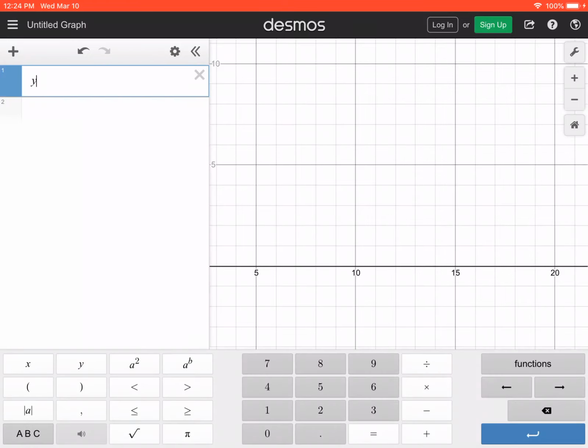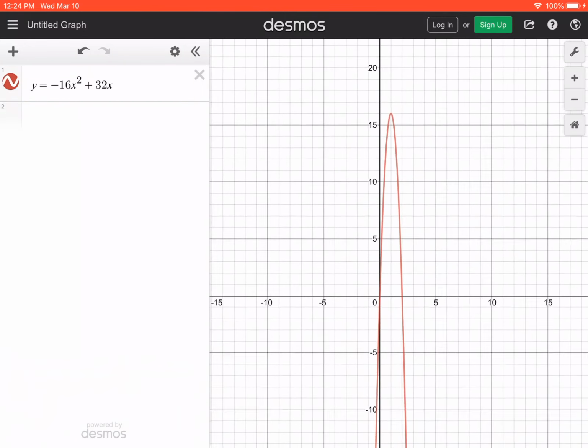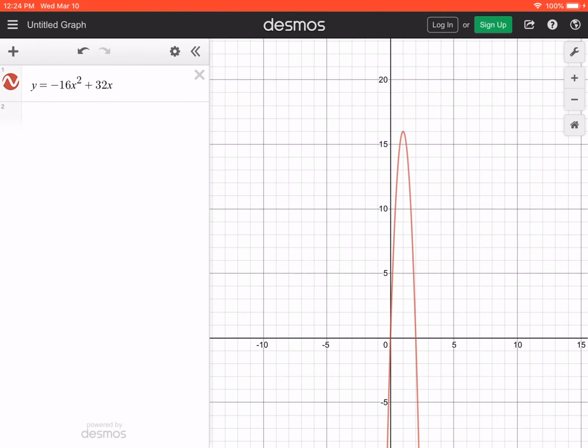All right, y equals negative 16 x squared plus 32x. And there we go right there. So negative 16 x squared plus 32x. What was the dolphin's maximum height? Should have been 16 feet.